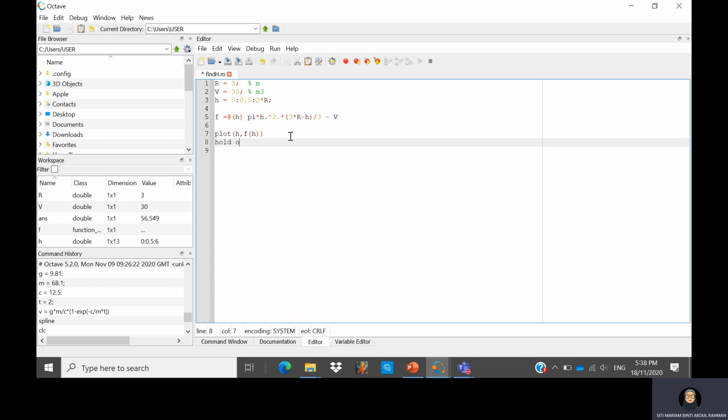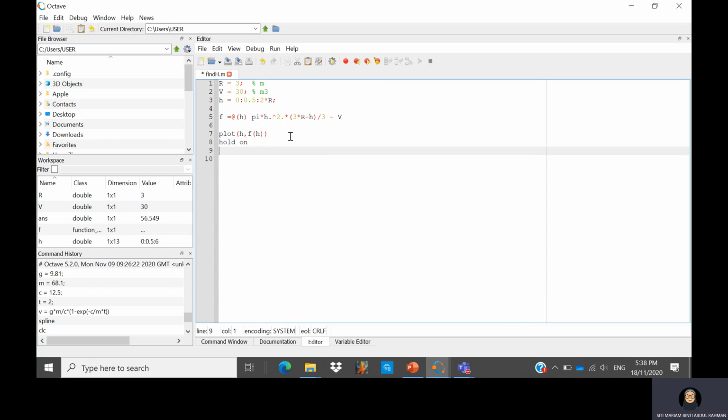I'm going to show you the difference between both plots. So H, and then this is H. I'm going to plot two graphs on the same figure.